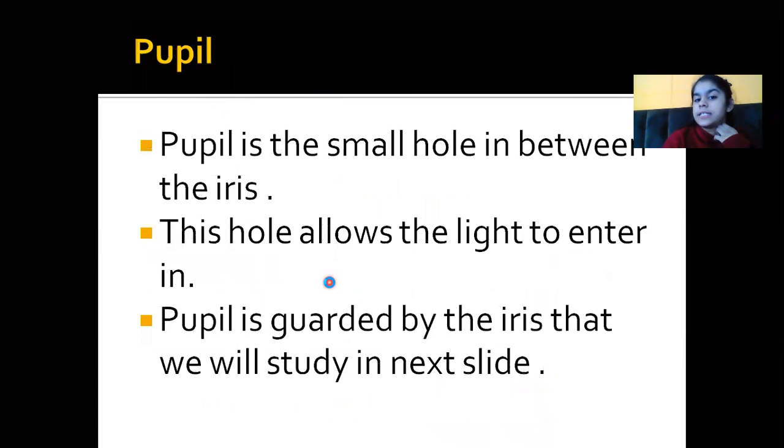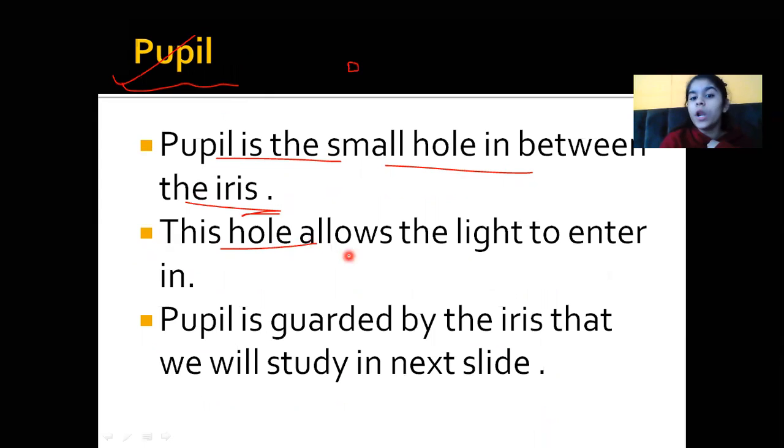It allows light to enter. So the pupil is a small hole in the middle of the iris. This hole allows light to enter. The main function of the pupil is to let light enter inside.